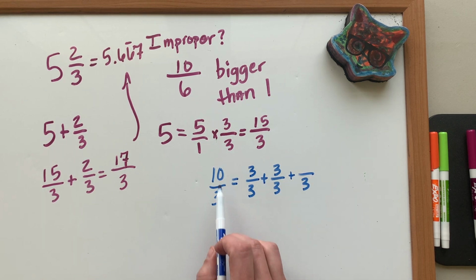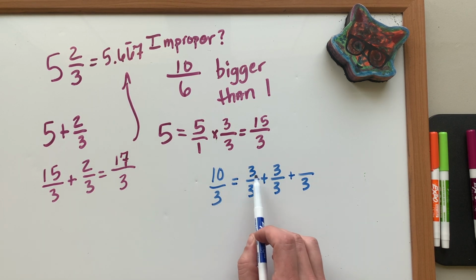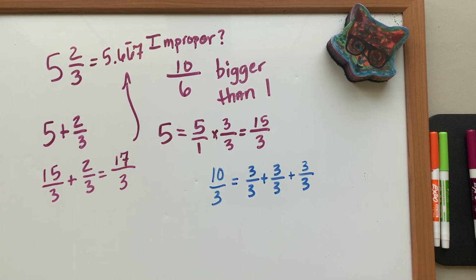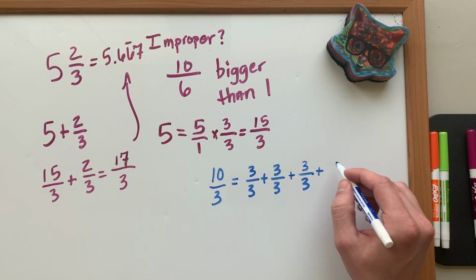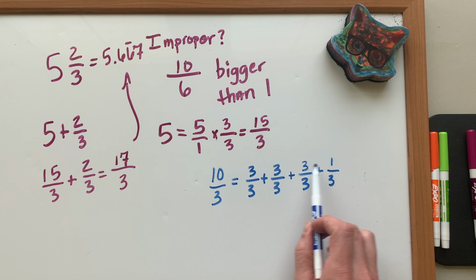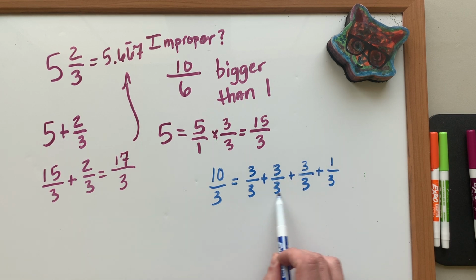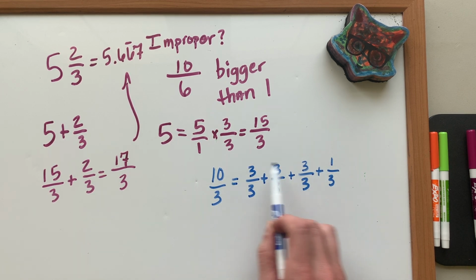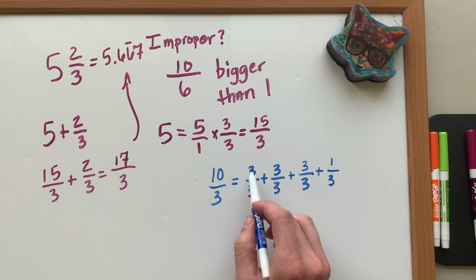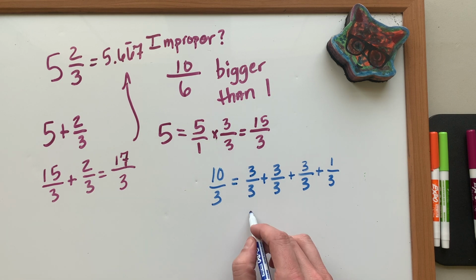But what do I want to get to? I want to get to 10. 3 plus 3 is 6, plus 3 more is 9, plus 1 more is equal to 10. So my numerators add to 10, and my denominators are all 3, so I can legally do this. Now you might say, why did you pick the number 3, Ron? And the answer is because since my denominator is 3, if I choose 3 as a numerator, then this fraction has a value of 1.